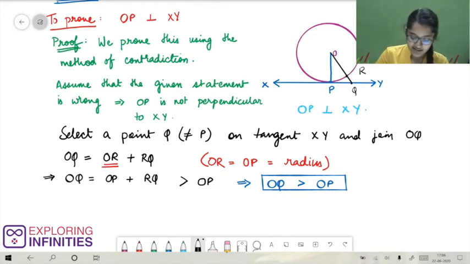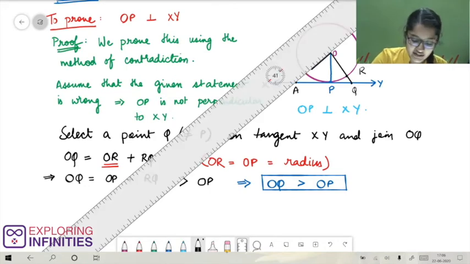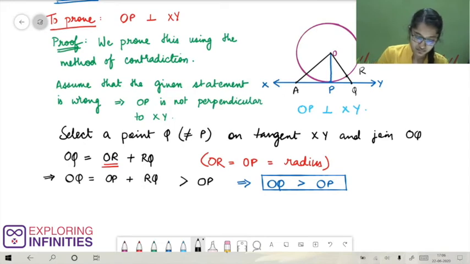Similarly, let us consider another point on XY, say point A. Let us again join O and A. On joining O and A, we obtain the line segment OA. This line segment OA is intersecting the circle at a point.